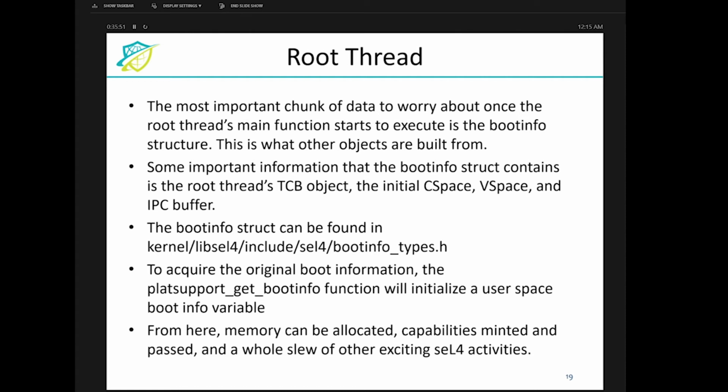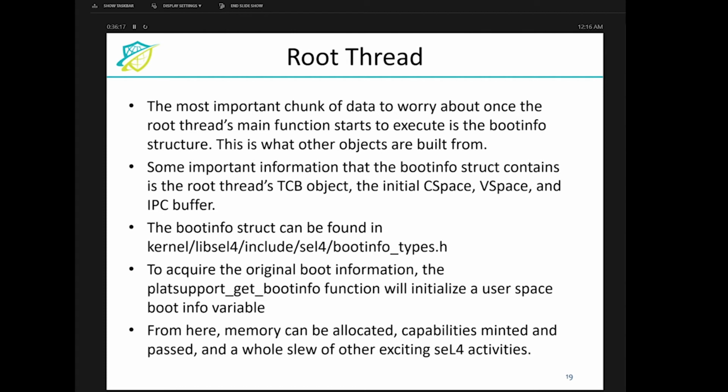So the root thread contains the original TCB, thread control block, the initial VSpace, initial CSpace, and whatever IPC buffer you have. So the structure can be found in bootinfo_types.h.